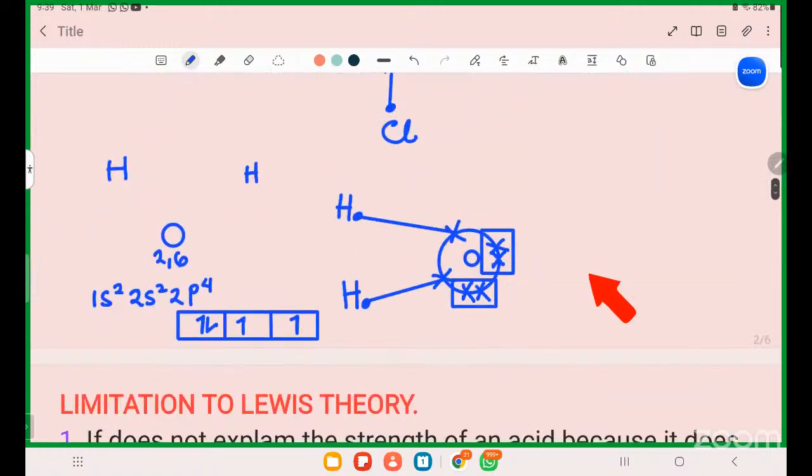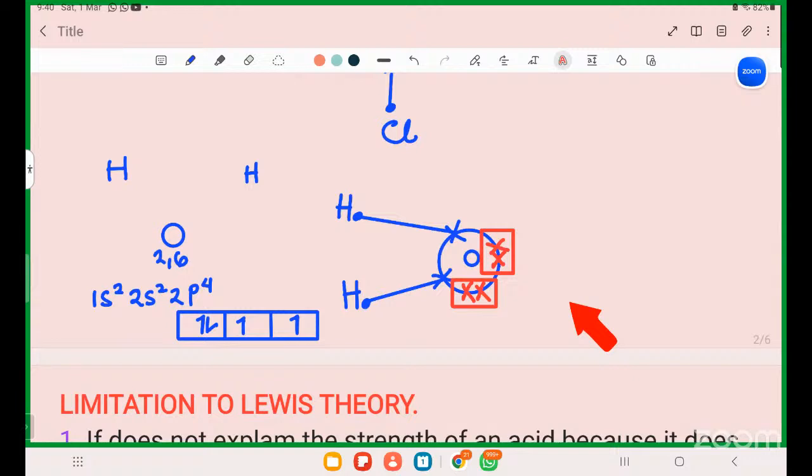So it has two lone pairs of electrons. Look at one and look at the second one. So water is a base with respect to Lewis. Are we together? Is this clear? If there is any other question, you can bring it forth.